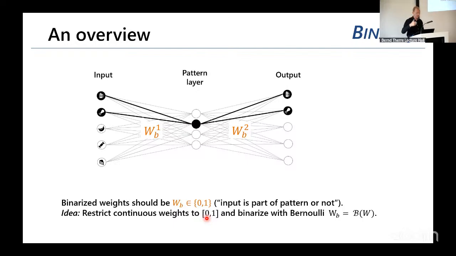What we're going to be doing is interpreting the 0, 1 as a Bernoulli variable. So the closer a certain weight is to 1, and it gets some input, the higher the probability that it's let through. If this weight is very low, let's say 0.0001, there is a very small probability that this is let through, but otherwise no.